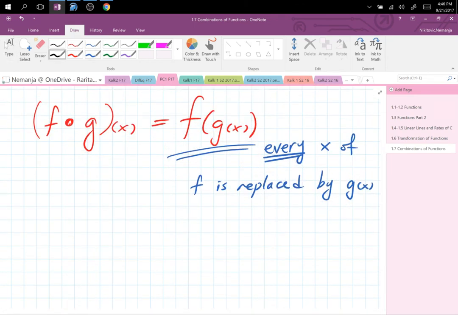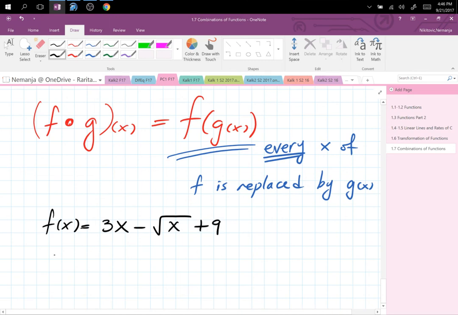Let's take a look at an example and call it a day. Much more on this next class, so we're going to dig deeper into these concepts. We take a look at, say, f of x is given as 3x minus square root of x plus 9, and then g of x is equal to x minus 6.